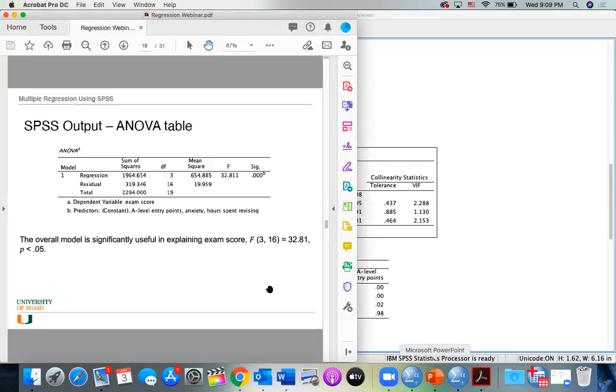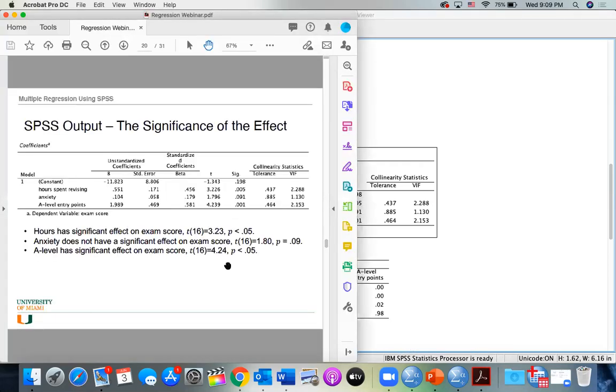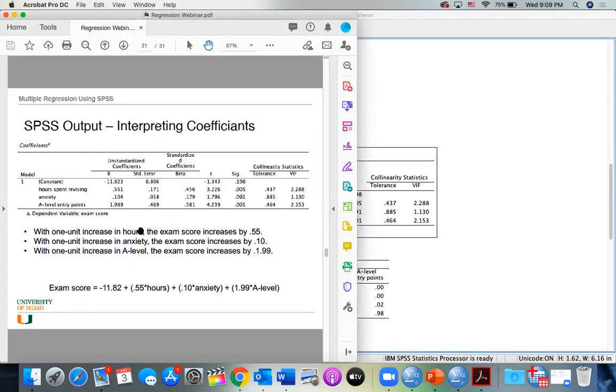So if I move to the slides, I think it would be easier for you to look at it. So if you look at the hours spent revising, the coefficient is 0.55. So we can say that with 1 unit increase in the hours spent revising, the exam score will increase by 0.55. And I also have to mention that this is true if everything else is held constant.